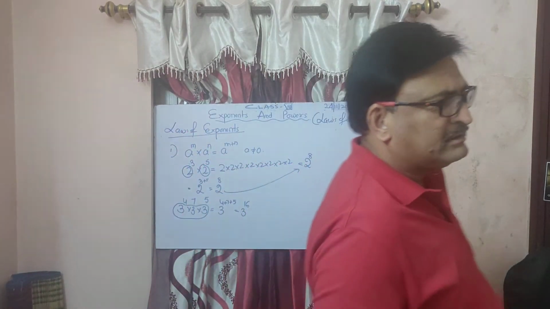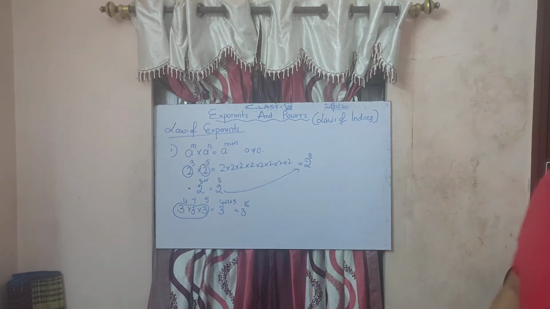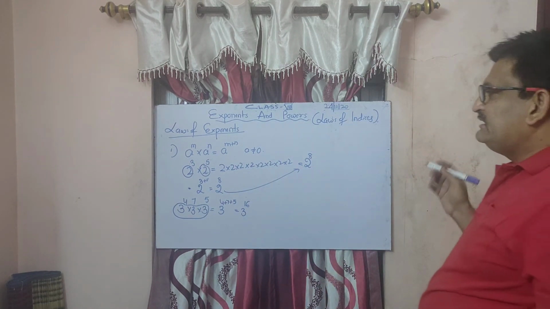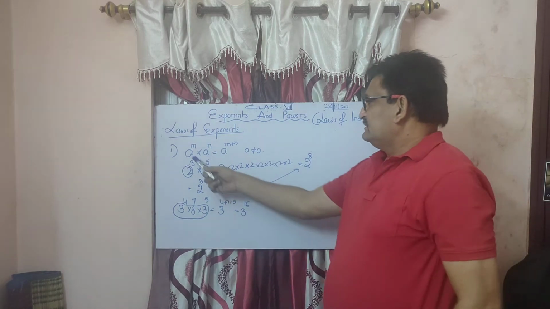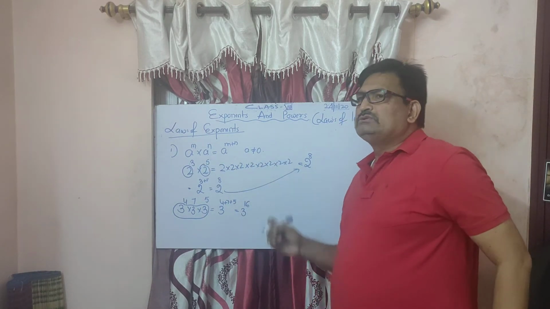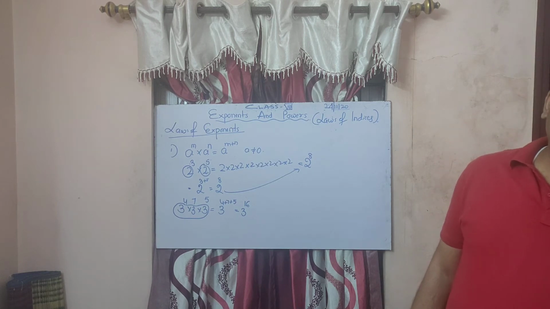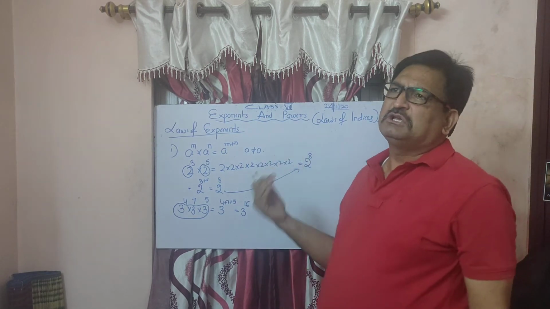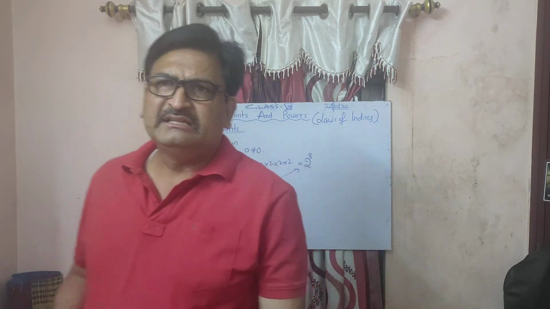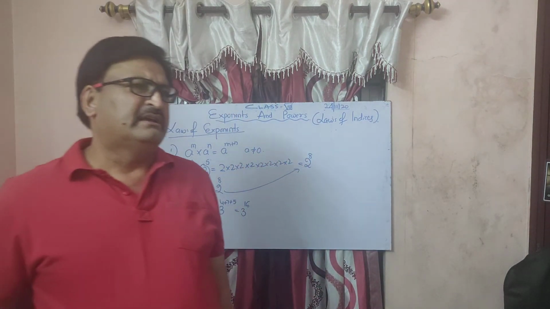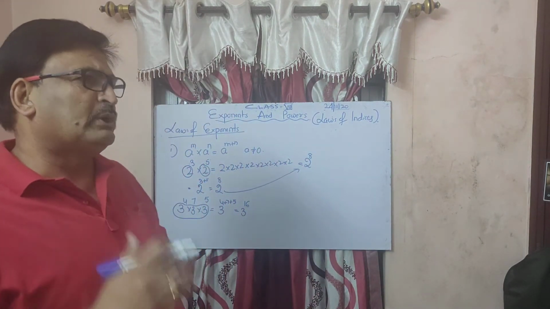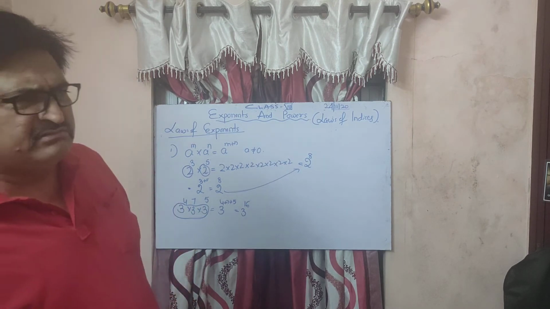This is what the law says. Here one thing you need to remember: the base cannot be equal to 0. Anything raised to 0 is what? 0 raised to anything is 0 itself.